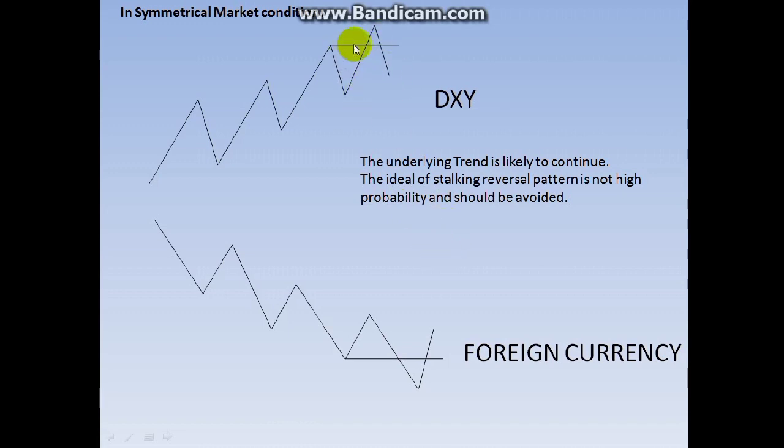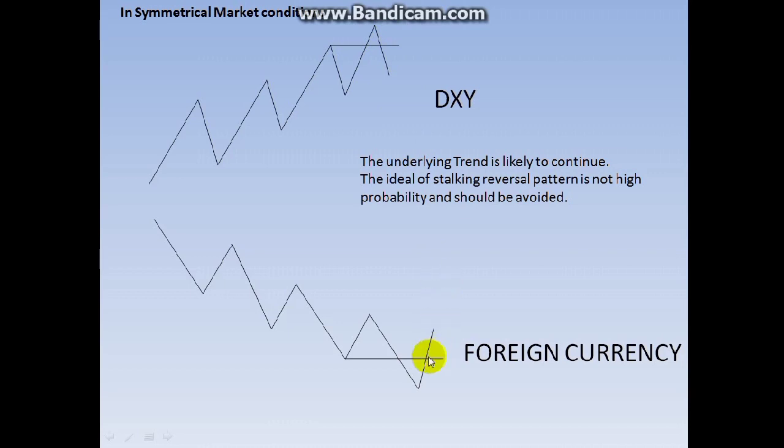When we have a market that is in sync, the DXY and foreign currencies in sync with one another, the probability of this trend going from bullish to bearish is very, very low. So the idea of stalking a reversal should be avoided, but it doesn't mean price cannot do what it wants to do.